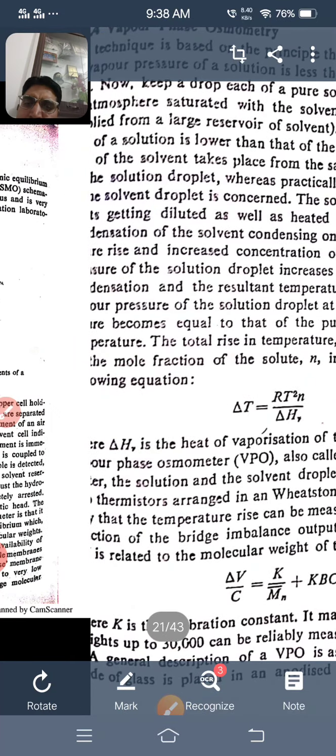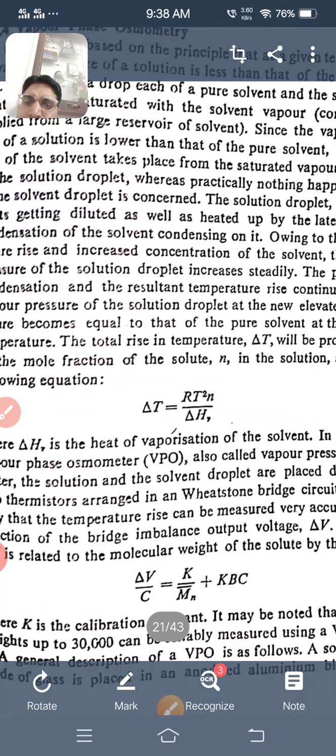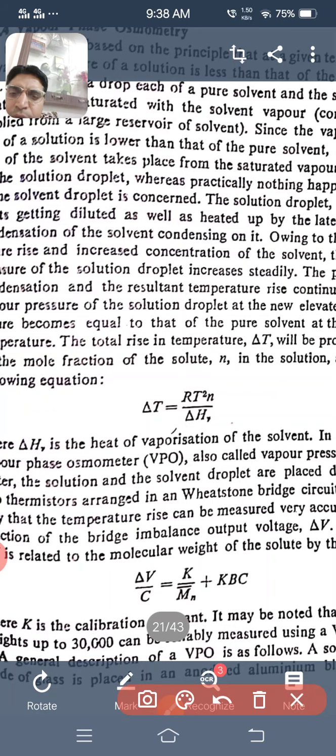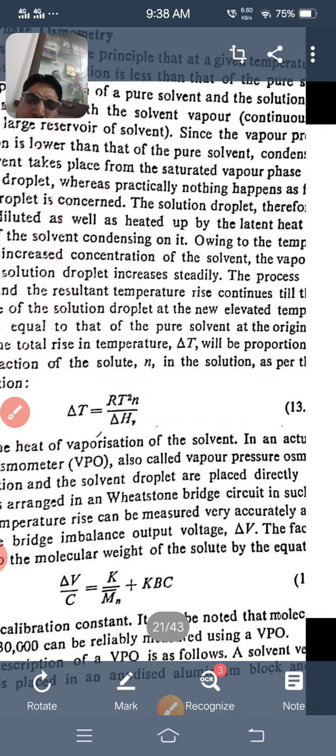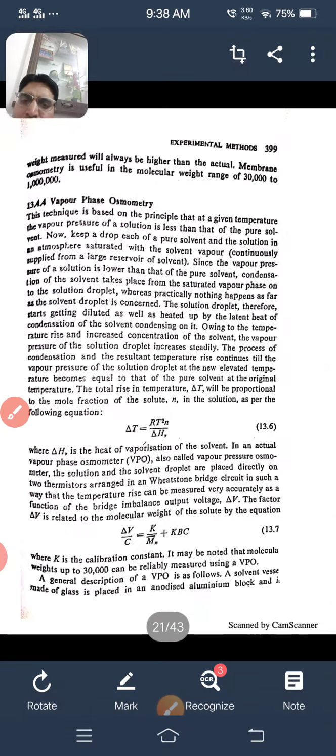Here delta H is the heat of vaporization of the solvent.